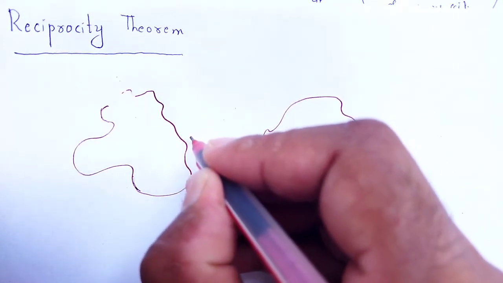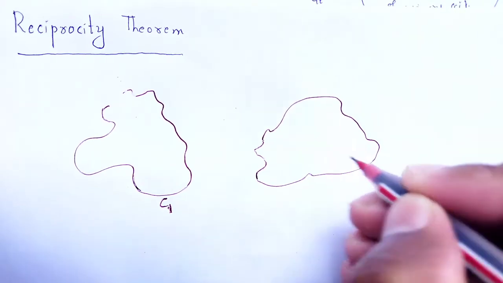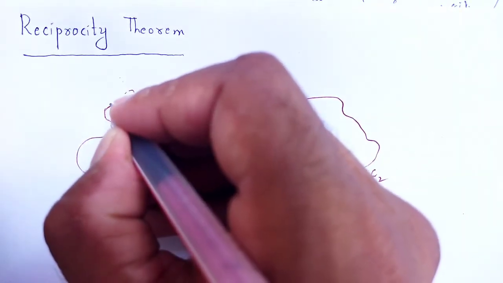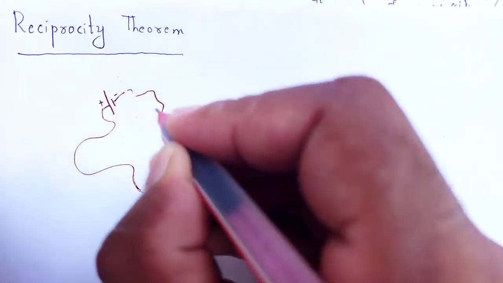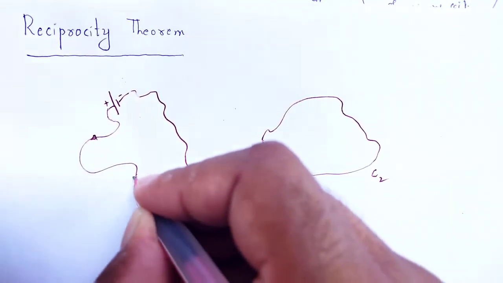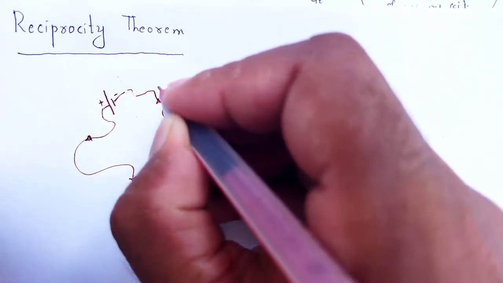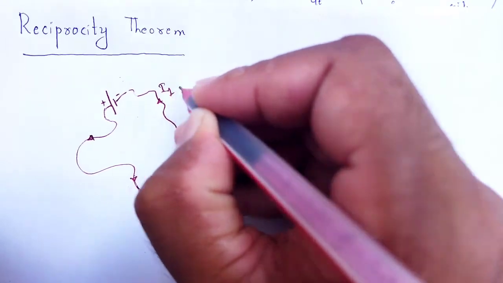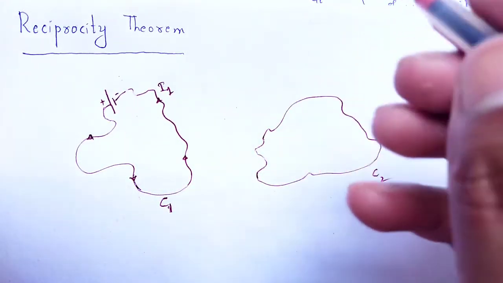That circuit is named as C1, that loop is named as C2. I1 amount of current passes through the circuit C1 due to the battery.